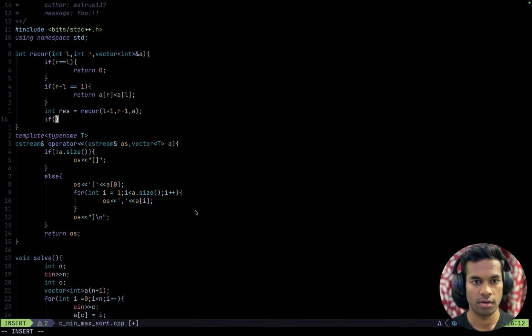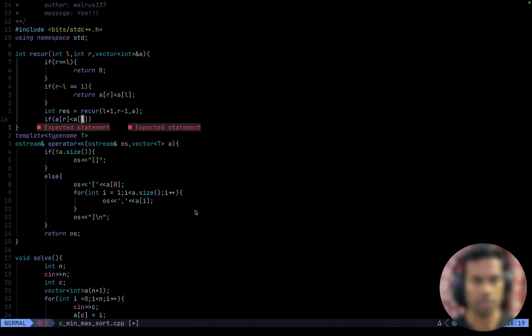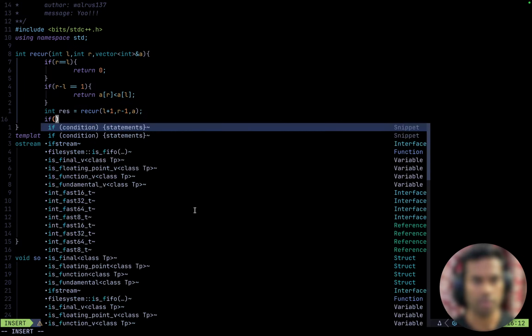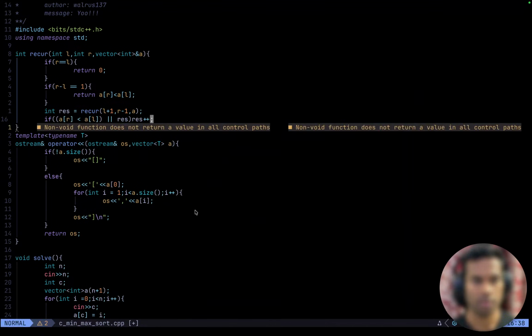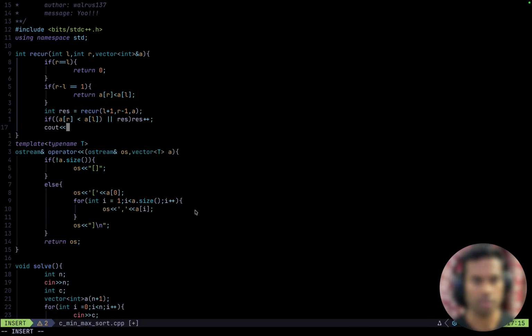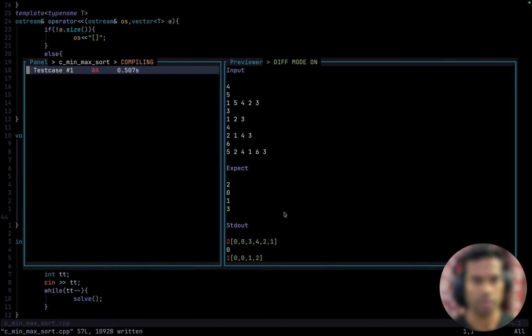If a r is smaller than al, or res is greater than 0, in that case res plus plus, and not cout, but return res, and I think now we should be good, hopefully.